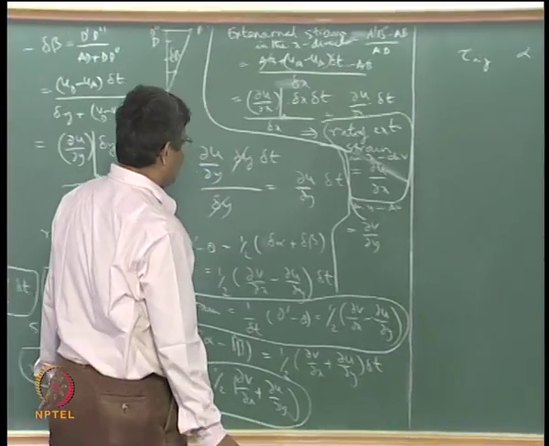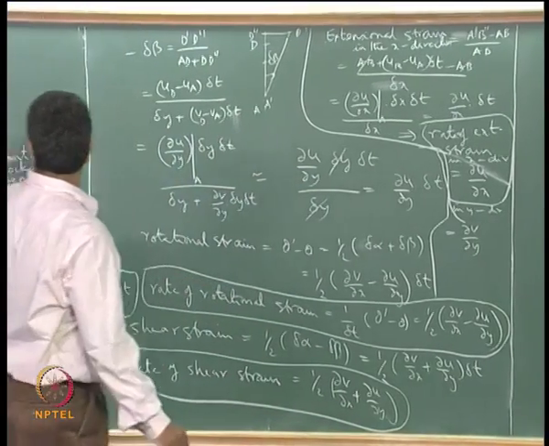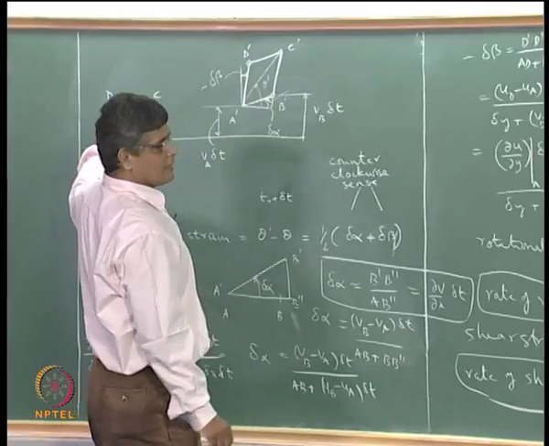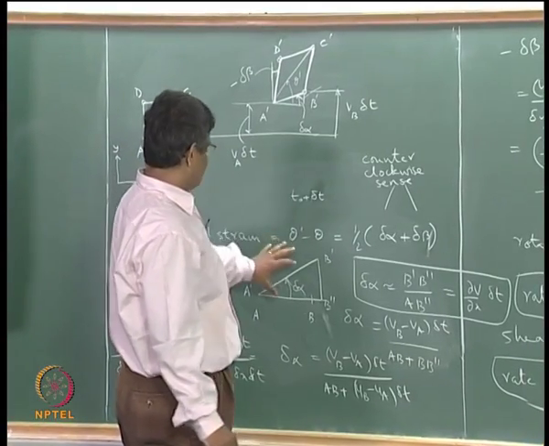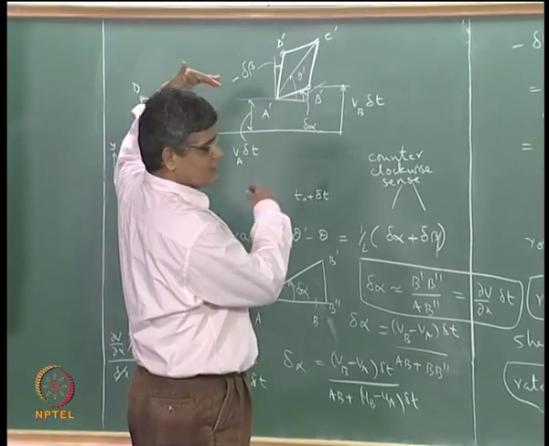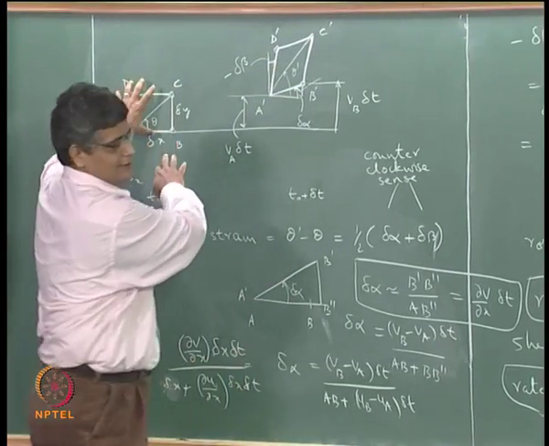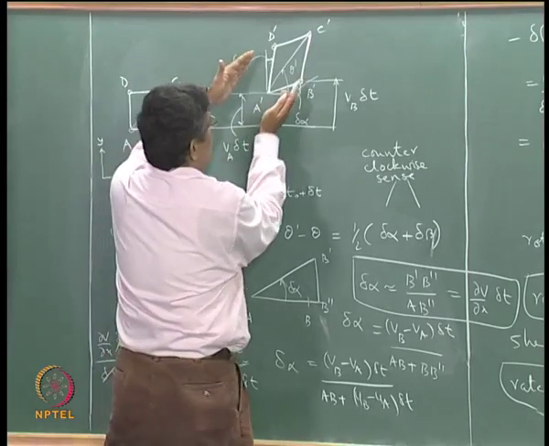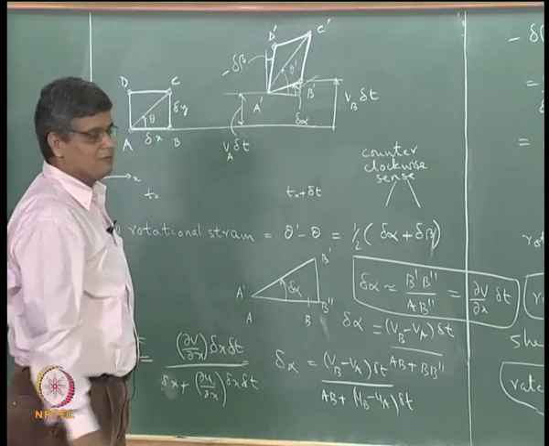So what we are saying is that the strain that the fluid element is suffering over a particular time delta t can be attributed to some stresses acting on this phase such that the resultant will be a distortion of this in this particular way.